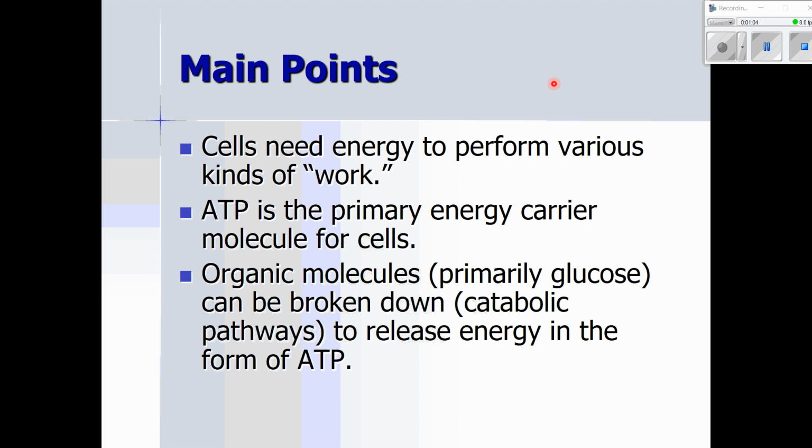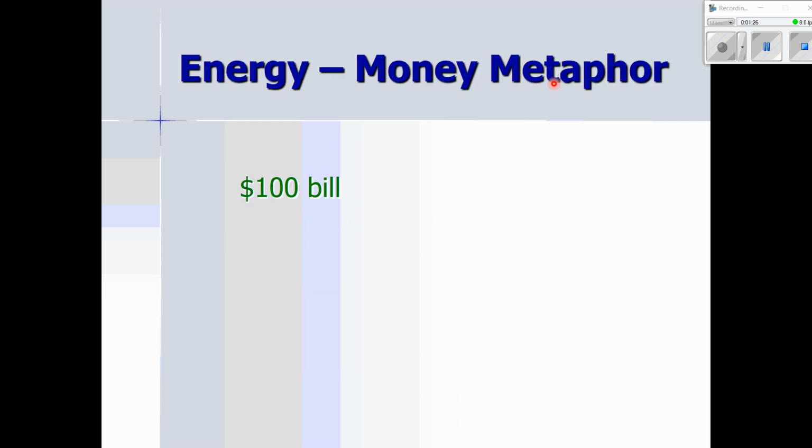And organic molecules, primarily glucose, but not only glucose, sometimes fats, sometimes proteins, can be broken down through what we call catabolic pathways to release energy in the cell in the form of ATP.